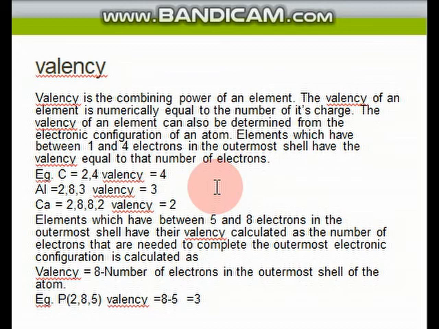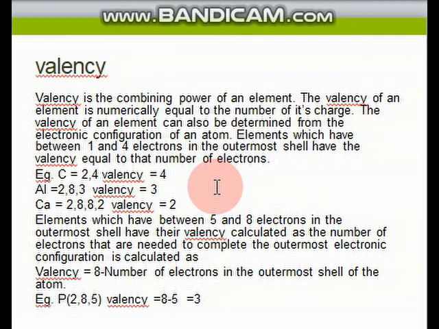Now elements which have between 5 and 8 electrons in the outermost shell have their valency calculated as the number of electrons that are needed to complete the outermost electronic configuration, and it is calculated as valency equals 8 minus the number of electrons in the outermost shell.